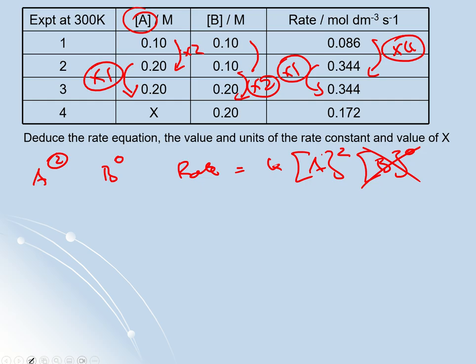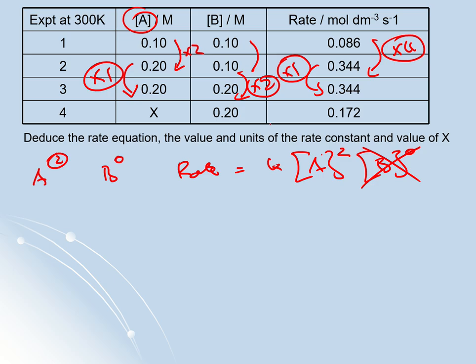Next thing, we've got to work out our value of X. So let's have a look and see what we can do there, because we now know the rate equation. I'll just use experiment 3 and 4. It really doesn't matter which ones I use because I know that B has no effect on the rate.